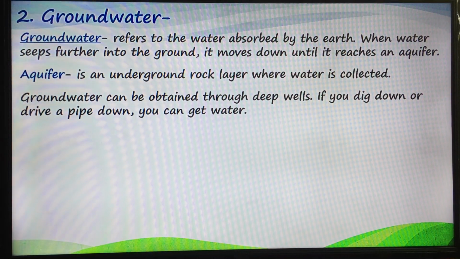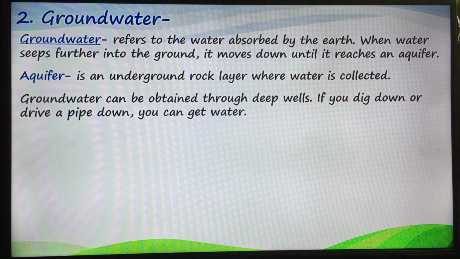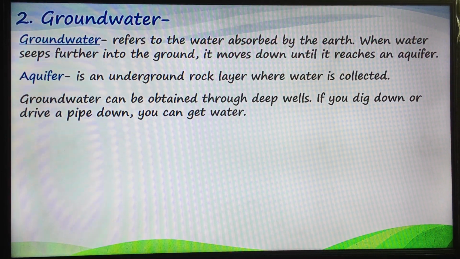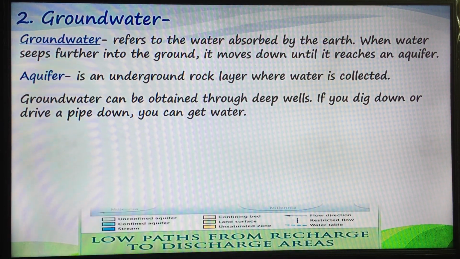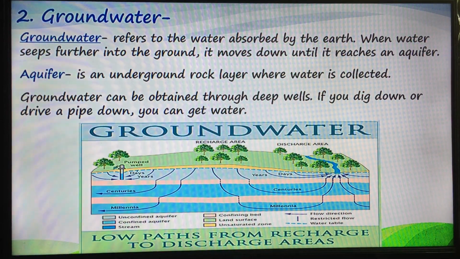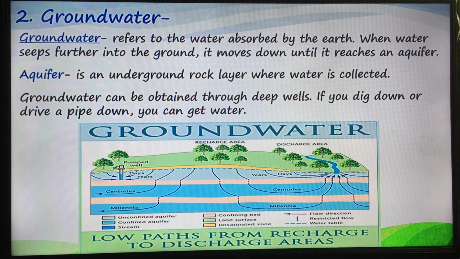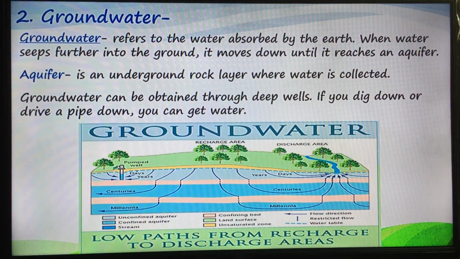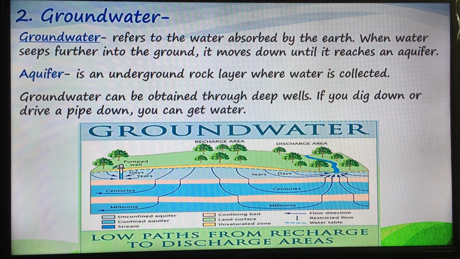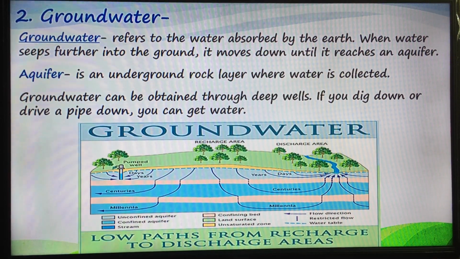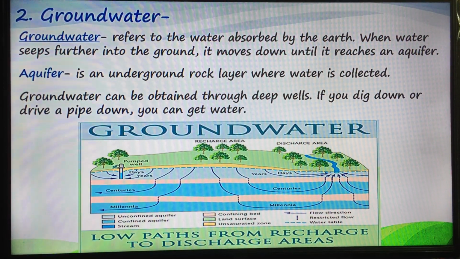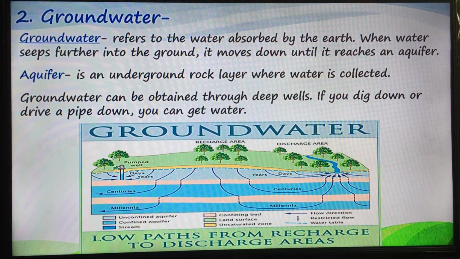Groundwater can be obtained through deep wells. If you dig down or drive a pipe down, you can get water. So this is the illustration of groundwater, where you can see underneath the land there is water.